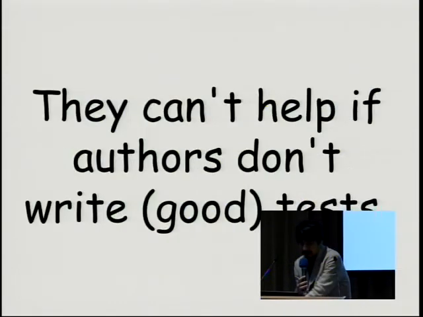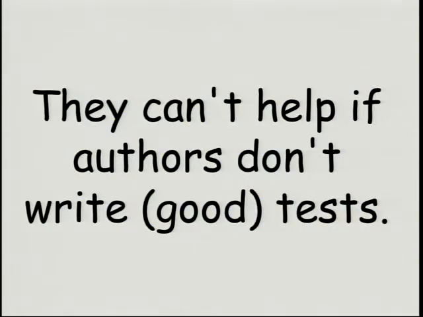Why is it not perfect? They can't help if authors don't write good tests. CPAN Testers do tests authors wrote. So if authors don't write tests, CPAN Testers don't have anything to test.